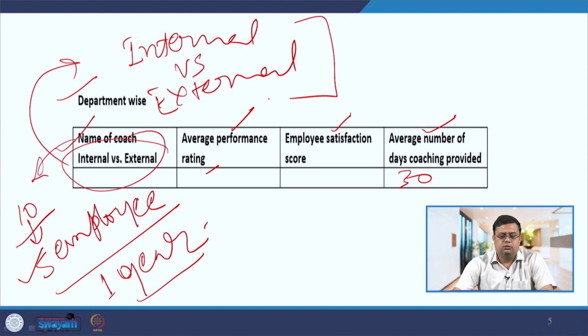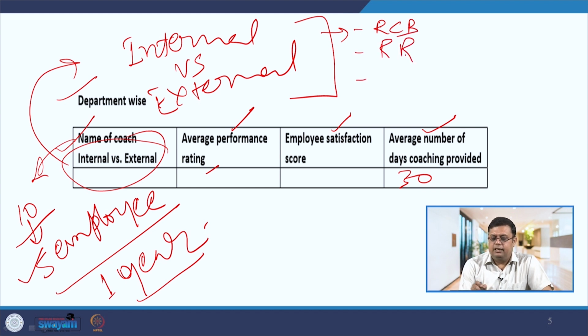If you want to do the analysis, now IPL is going on. In IPL you can identify the number of teams. Let us assume RCB is there, Rajasthan Royals is there. For each team you can identify whether the coach is internal, meaning from India, or external.